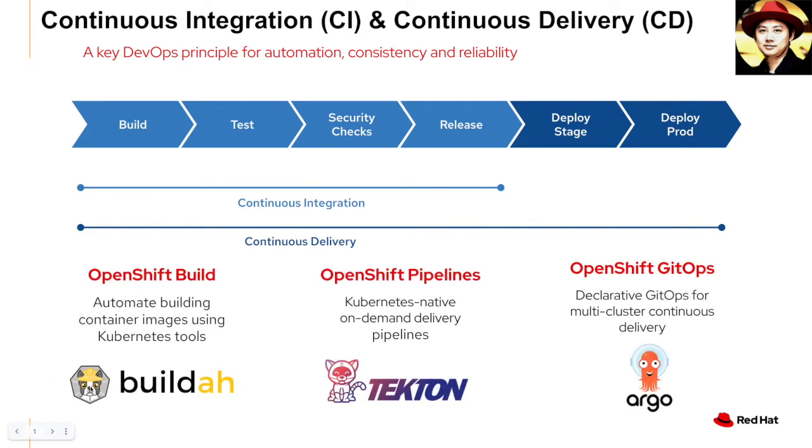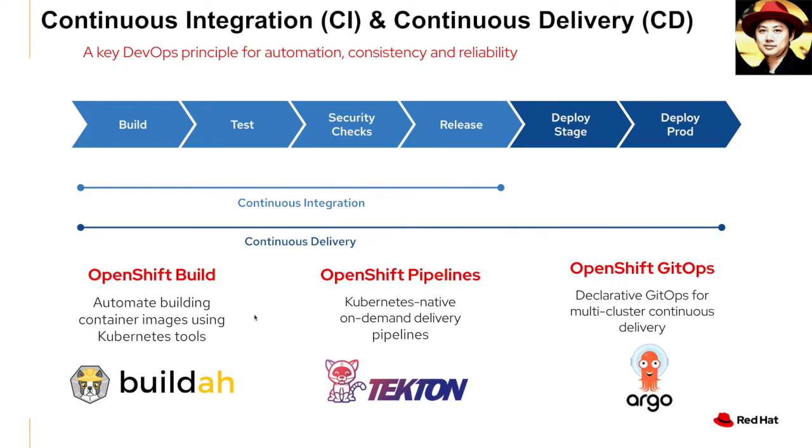Here I'm using Builder to build my container images, using Tekton for my continuous integrations, and finally ArgoCD for my continuous delivery. The names in red colors are the names for the supported version of each component.